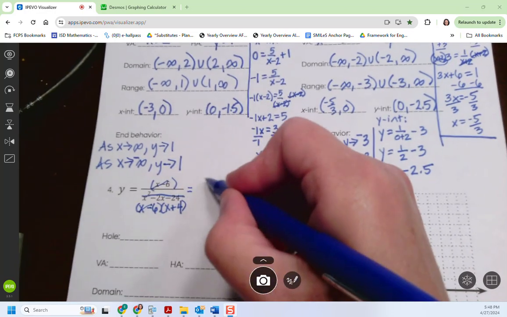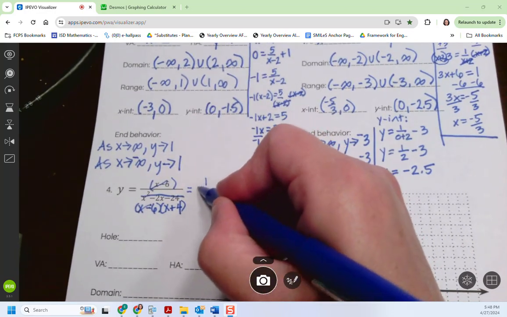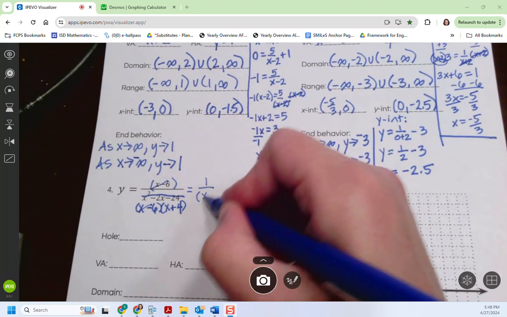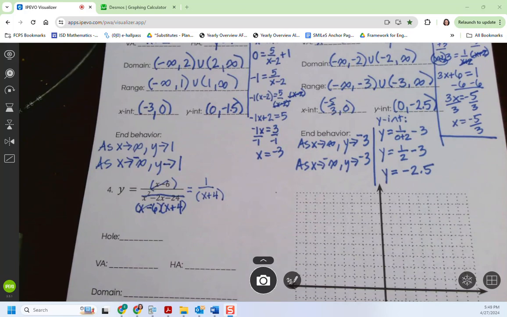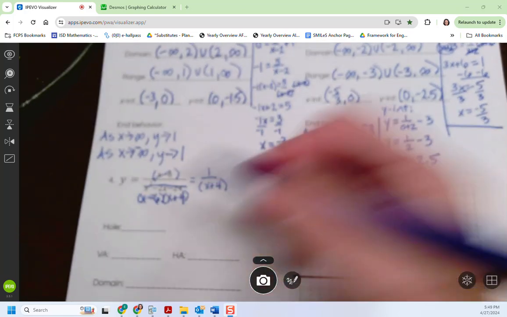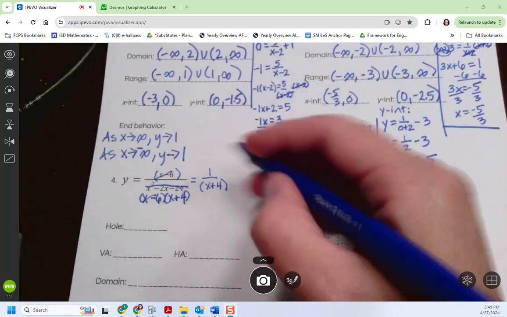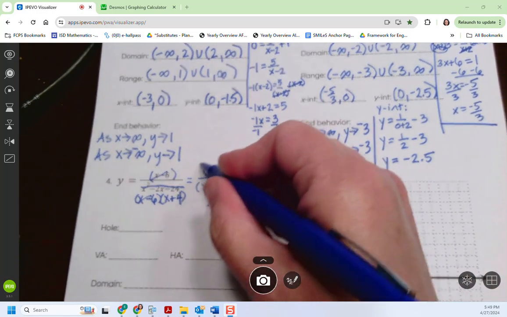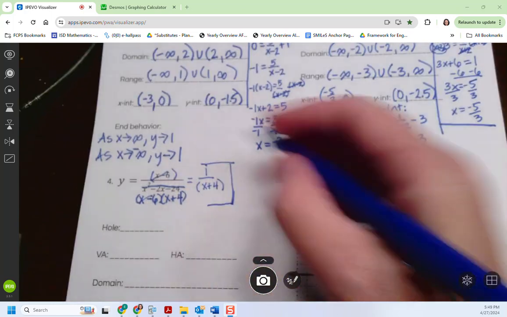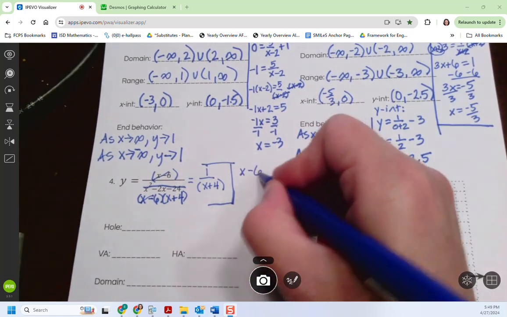My reduced function is going to be y equals 1 over x plus 4. So the canceled out factor creates the hole. I'm going to set my canceled out factor equal to 0 to find the x coordinate of the hole.